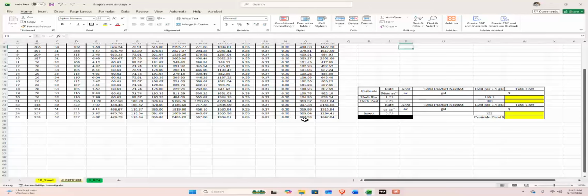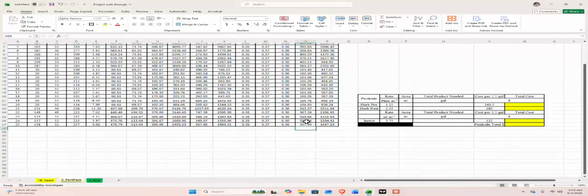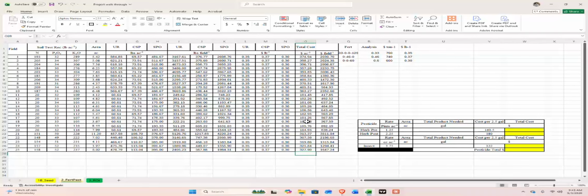Okay, and so then now the total cost per acre, we want to do the total cost per field.